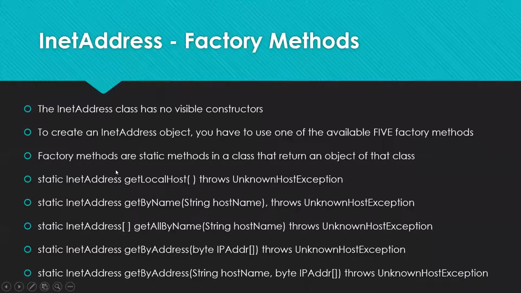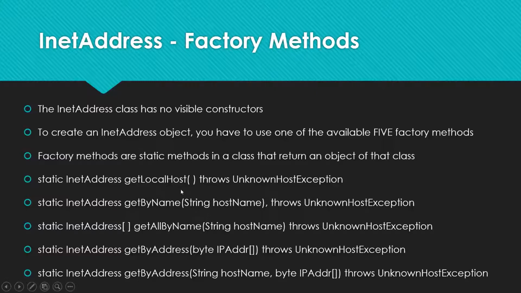Now, factory methods are static. As these methods are static, we need to call all these 5 methods using the class name, and the class name is InetAddress. This method returns the object of the InetAddress class. So these methods are used indirectly to create the objects of InetAddress.